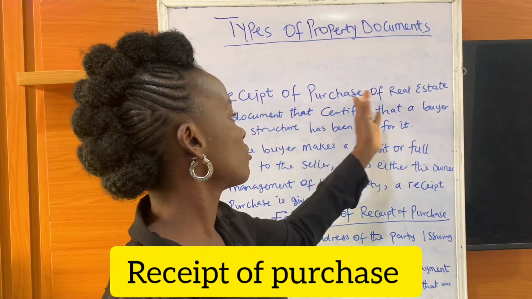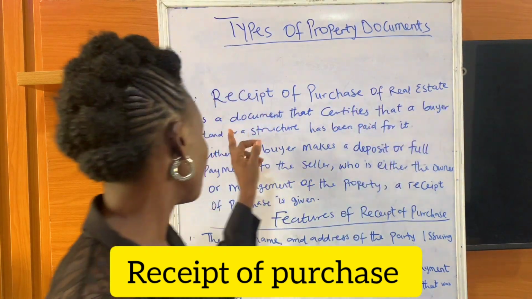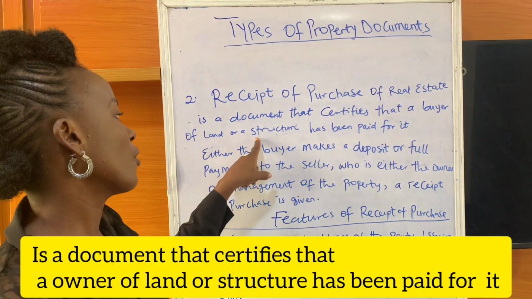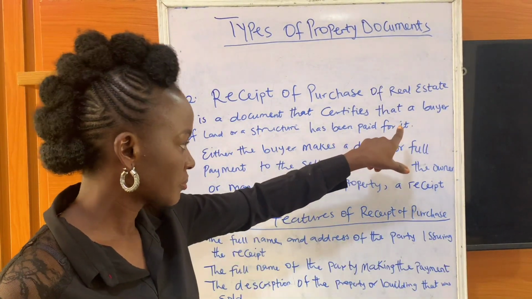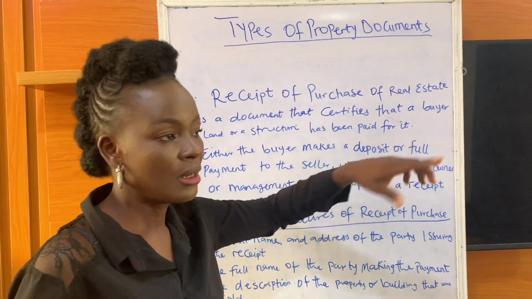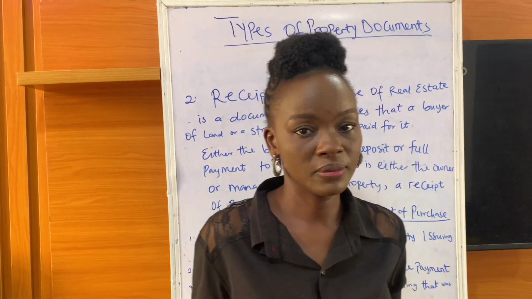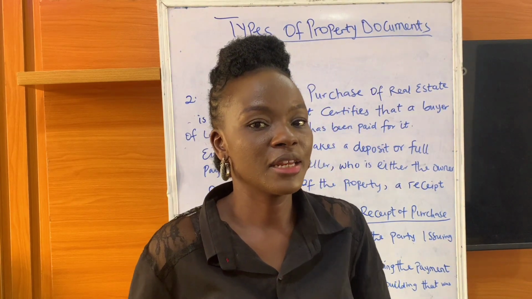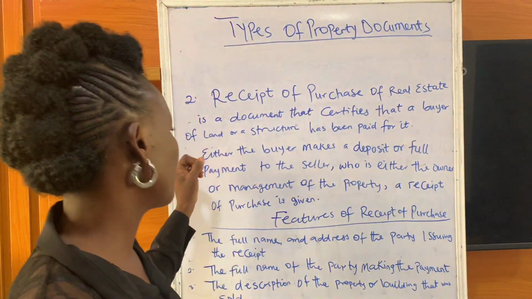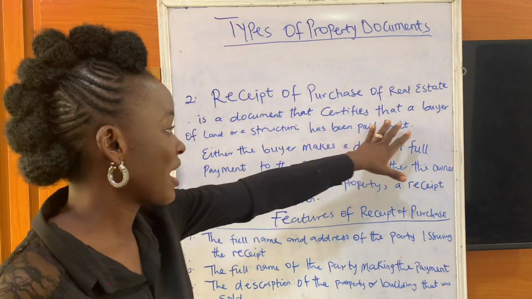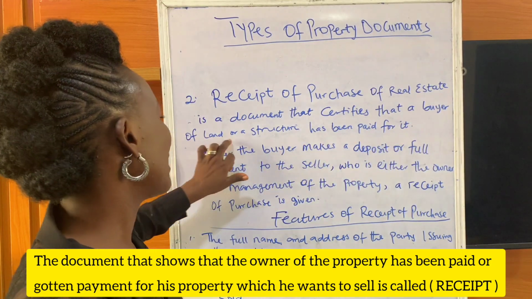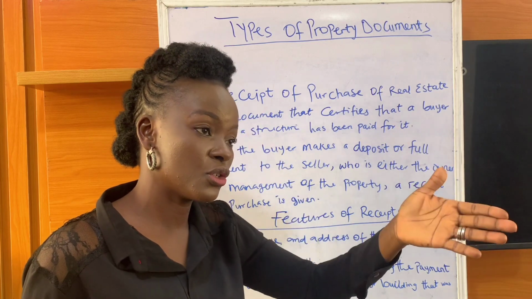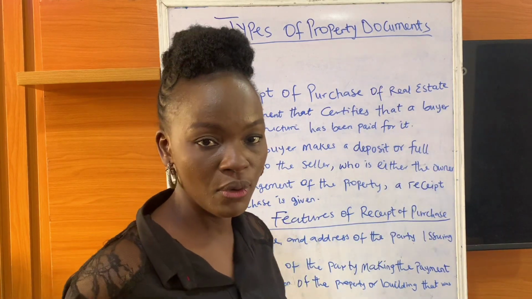In real estate, the receipt of purchase is a document that certifies that a buyer of land or structure has been paid for it, which means Mr. Hay, who owns the property, has been paid for the property which he said he wants to sell. That is the meaning of this, the document that certifies that a buyer of a land or structure, a property, has been paid for it. It simply shows that this property that you said it's yours has been paid for.